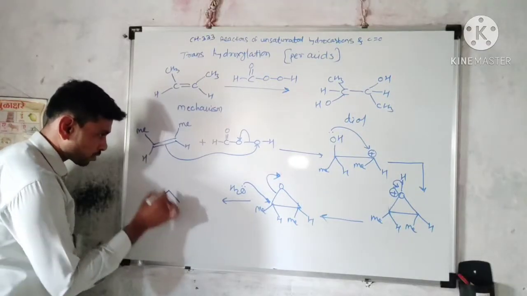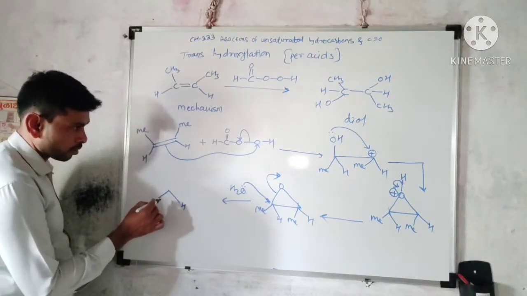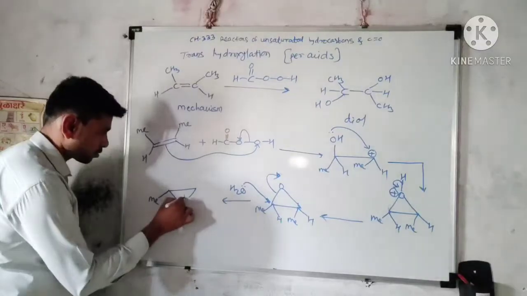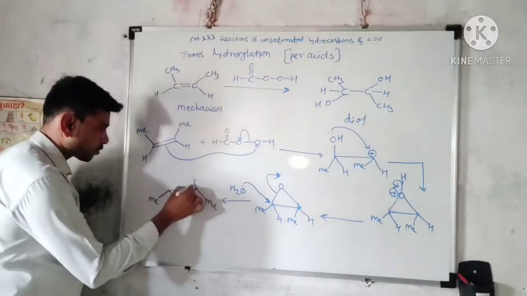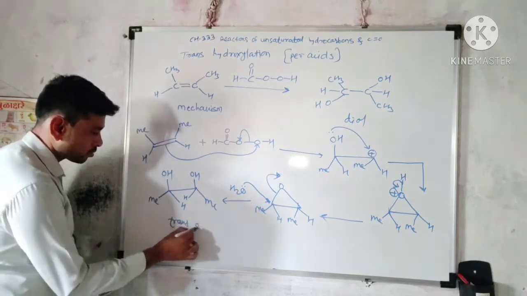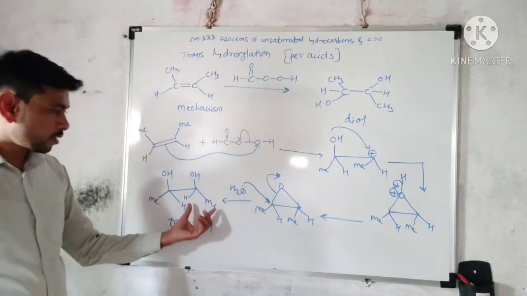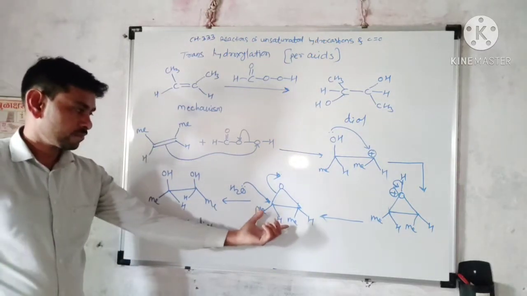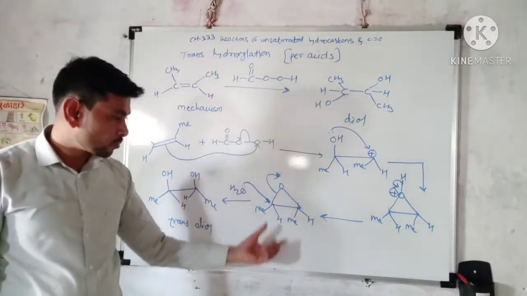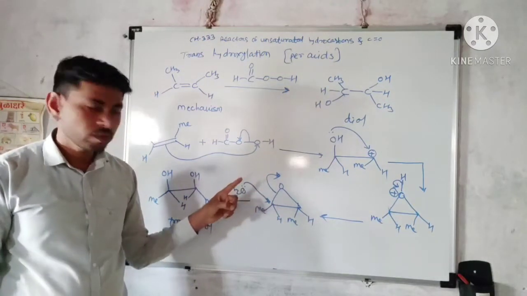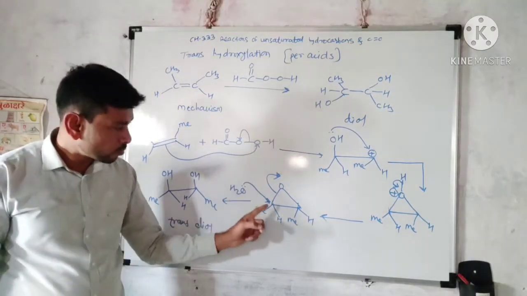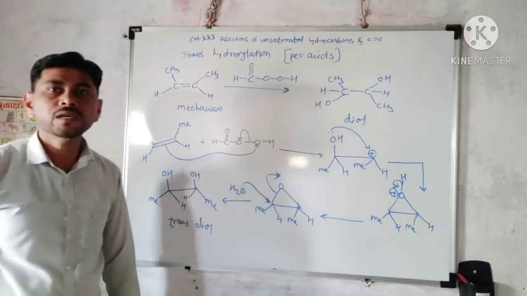So in this case, if we write the product, we will get the trans-diol formation. Here I wrote two methyl groups on the opposite sides, so OH groups are on opposite sides here, so we get trans-diol formation, and this trans-diol formation is due to attack of this water molecule from the opposite side for opening of this epoxide.